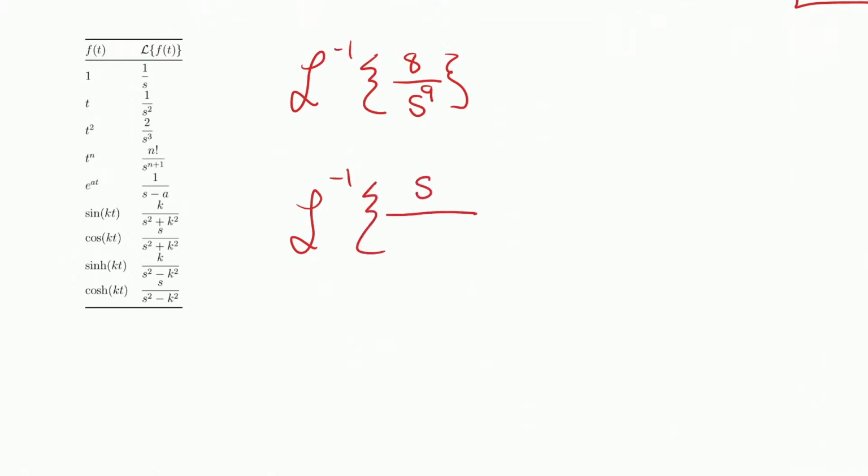So we have the inverse Laplace transform of 8 over s to the 9th. So do that one. And then do this one: the inverse Laplace transform of s over s squared minus 10. So try both of those.